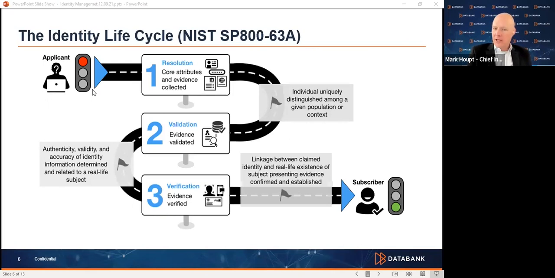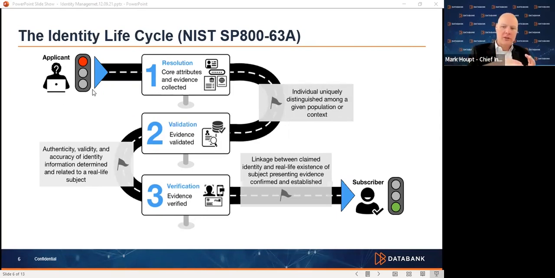And of course, we're moving to real ID scenarios where that evidence has been further validated and controlled elsewhere. So once we've done that validation, we need to then move into the verification, not just the validation, but the verification process, where we're now testing that evidence to make sure that it truly is the individual.